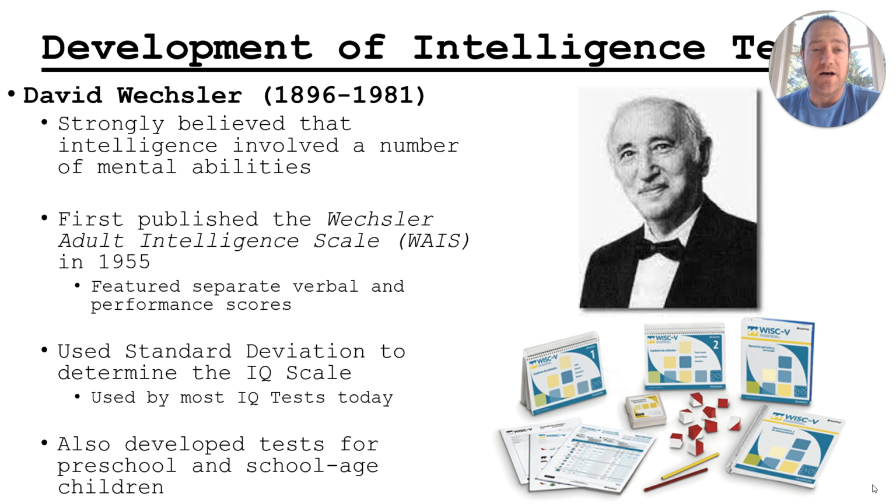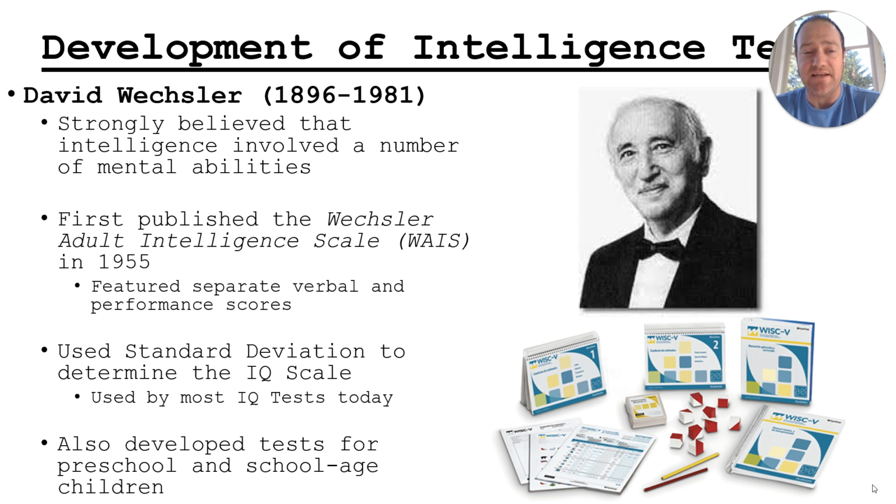But anyway, the last guy and the last type of test, which is still used today, is the Wechsler test. David Wechsler here, he kind of looks like a mall magician, but he believed that intelligence wasn't one single thing. He believed a number of different mental abilities make up intelligence.